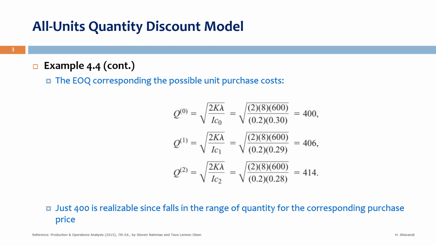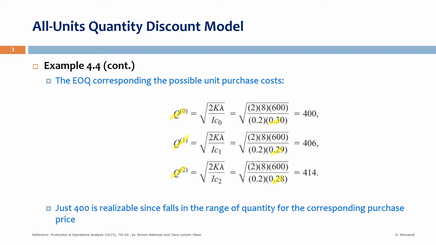So here Q0 is for the first interval, Q between 0 and 500. Q1 is the second interval, Q between 500 and 1,000, and Q2 is for the third interval, Q greater than or equal to 1,000.